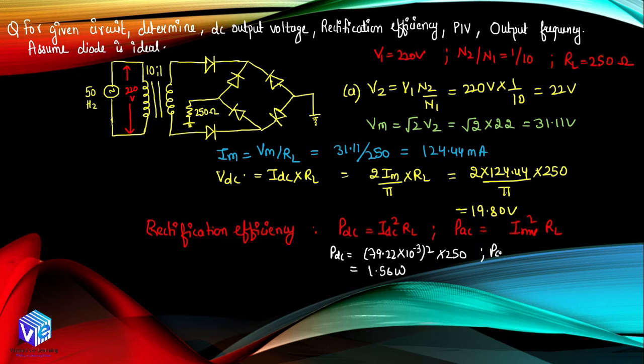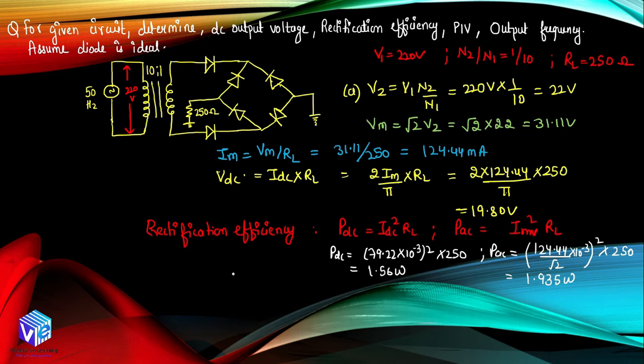And similarly you can find out PAC. For that you require IRMS, and IRMS can be found with Im upon root 2. So it will be 124.44 upon root 2 into 10 raised to power minus 3, square into RL is 250. When you calculate it, you will get 1.935 watt.